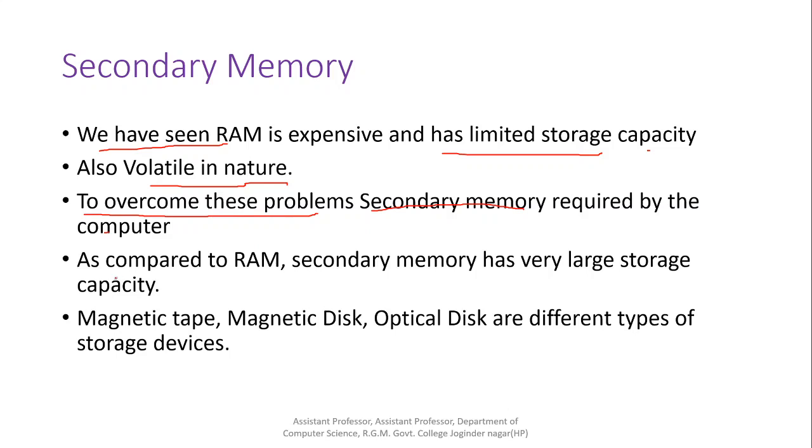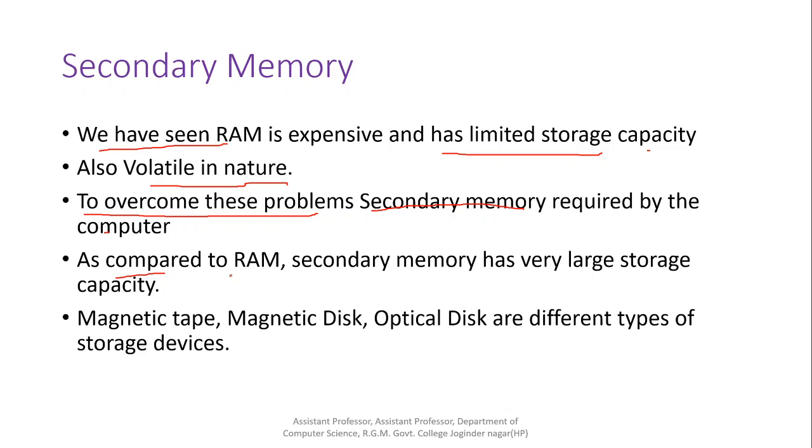As compared to RAM, secondary memory has very large storage capacity, and it is non-volatile in nature, means the data stored in secondary memory is permanently stored. It can be erased if we want, but if the power switches off or there is a power failure, it is retained in the secondary memory.